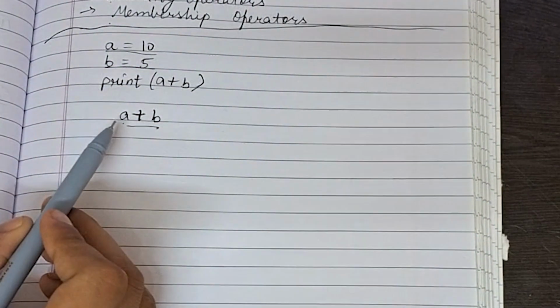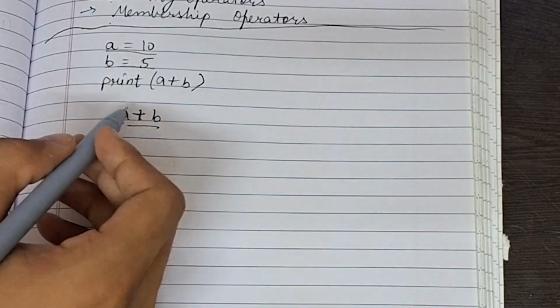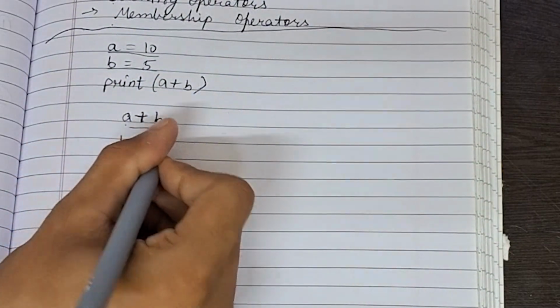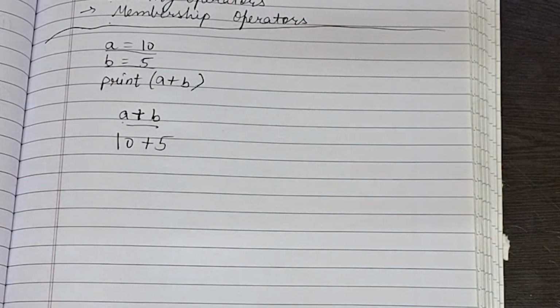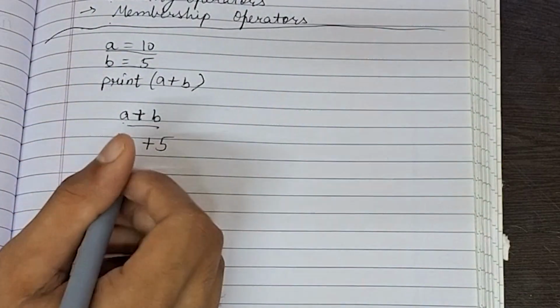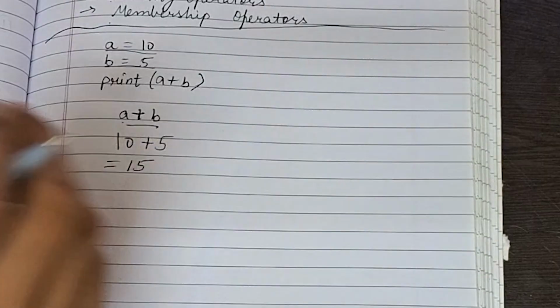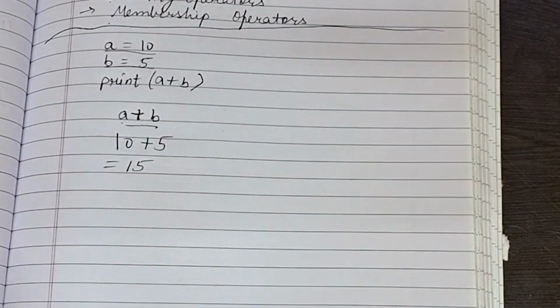So A plus B means 10 plus 5. Simply, its meaning is 10 plus 5. What would be the result of this? Its result will be 15. 10 plus 5 is equal to 15.